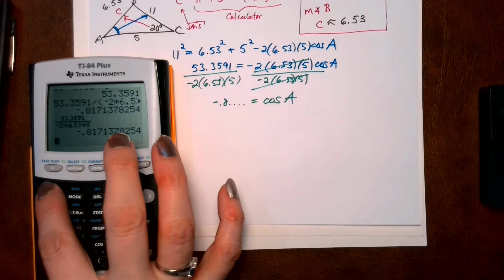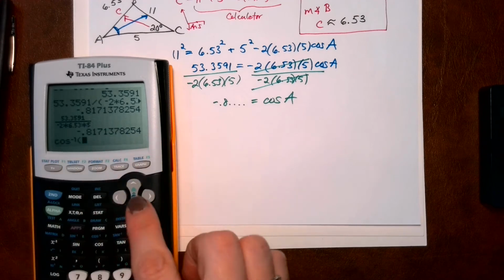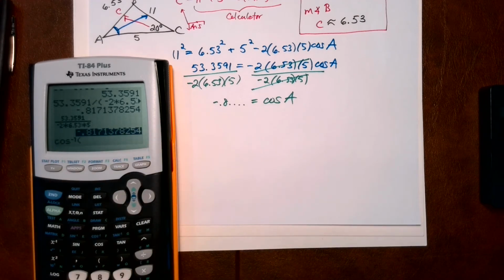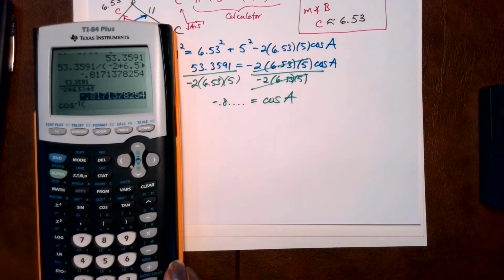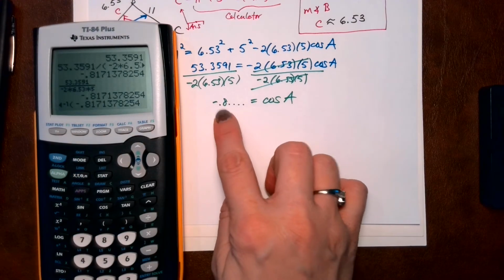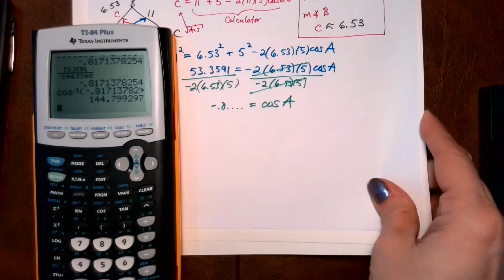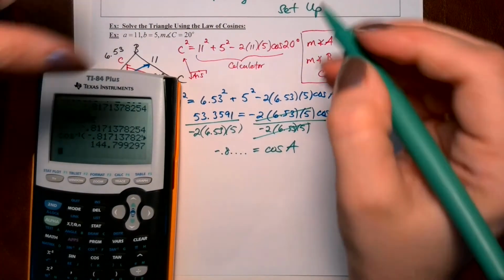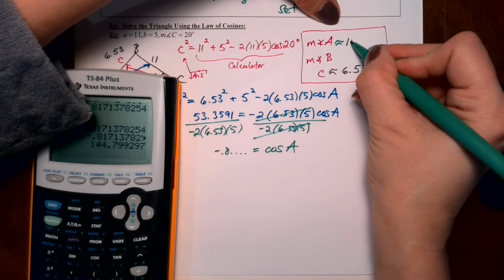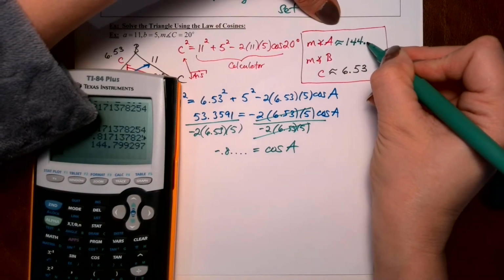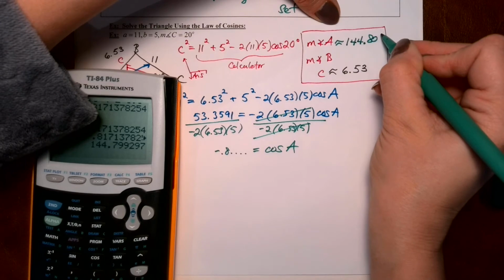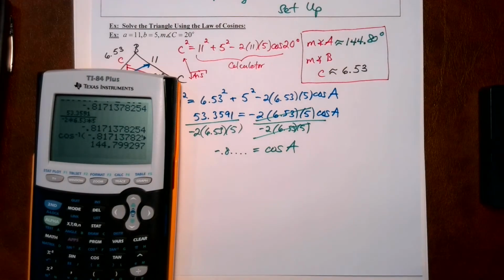So let's do second cosine, cosine inverse, go up there and grab that answer. Cosine inverse of that decimal right there. And the measure of angle A, rounded to 2 places, is approximately 144.80 degrees.